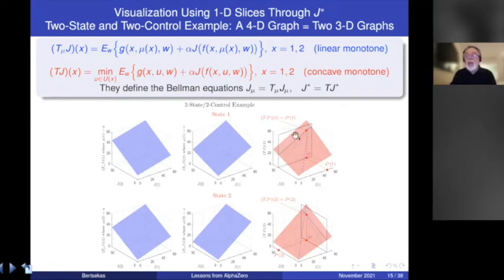So there's a slice like that for state 1, and there's also a slice like that for state 2. And the slice involves a piecewise linear monotone function. You can see the 45-degree line here. And so that's a visualization for a 2x2 problem. And from now on, we're going to be focusing on one-dimensional slices that pass through J star.